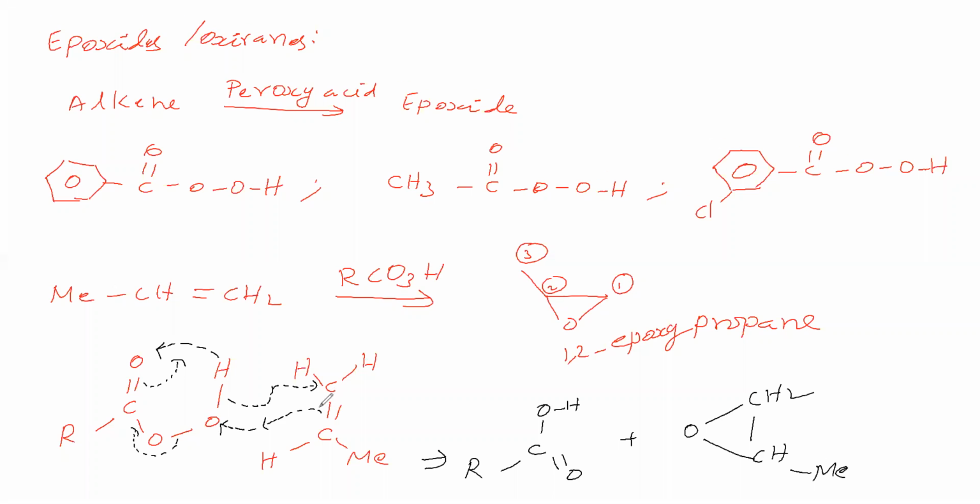Now first we will take this alkene. In this alkene, these two hydrogens, this carbon, this hydrogen and carbon, all are in one plane. Now this oxygen is attacking these two double bonded carbons from up, in the sense these two hydrogens, this hydrogen, this carbon will go down, because it is a syn addition.